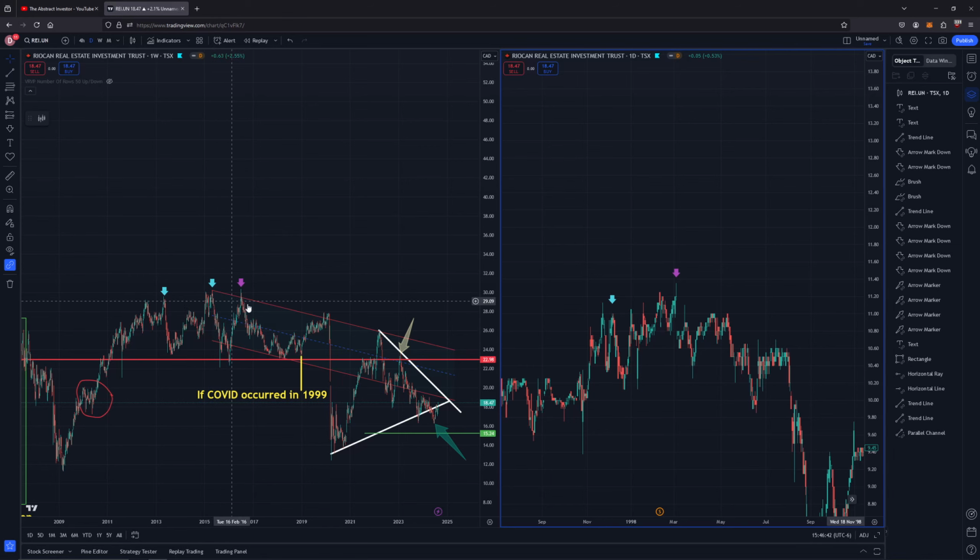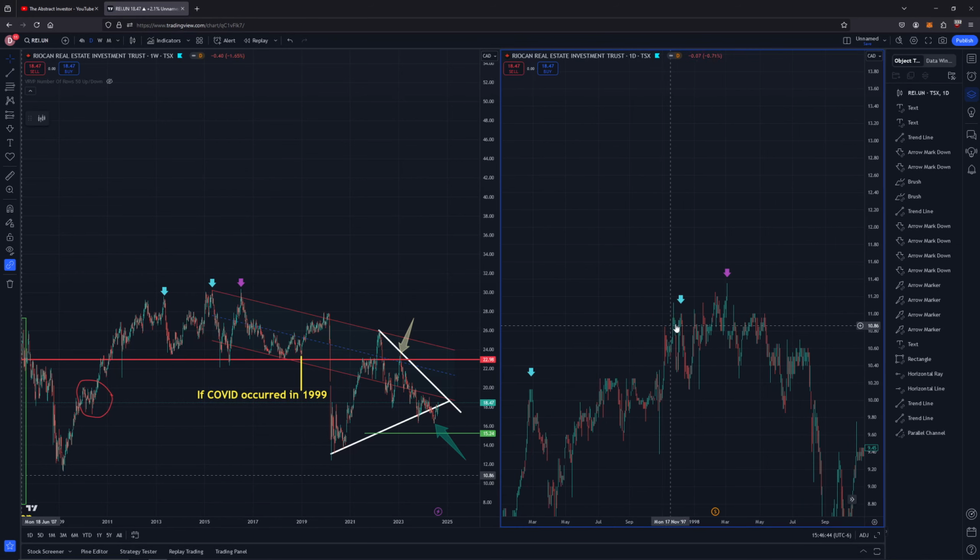So back to this, from this peak in April 2015, I have that lining up with this peak in December 1997, and then we had this sharp decline, which looks a lot choppier in the late 90s pattern before it peaks out with the purple arrow in March 1998.